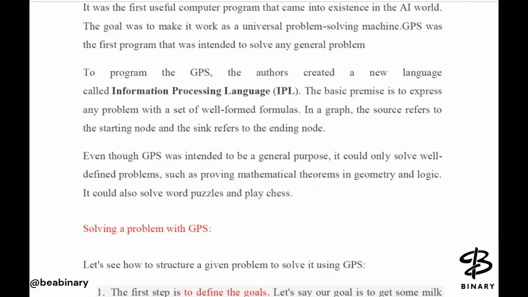Even though the GPS was intended to be general purpose, it could only solve well-defined problems, such as proving mathematical theorems in geometry and logic. It could also solve word puzzles and play chess.